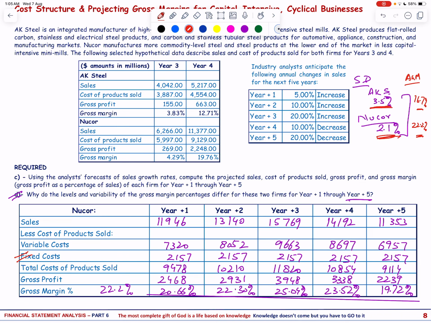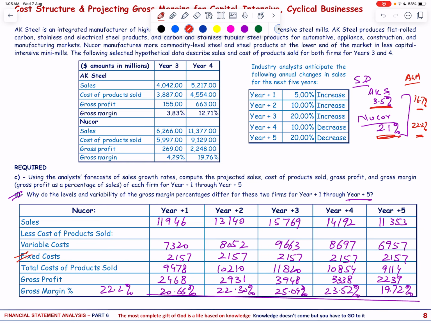At the same time, let us talk about economies of scale also. If you look into AK Steel, they realize greater incremental economies of scale as the sales increase. This means that as sales grow, the fixed costs are spread over more units, improving the gross margin.